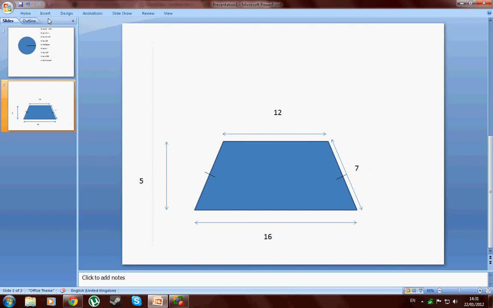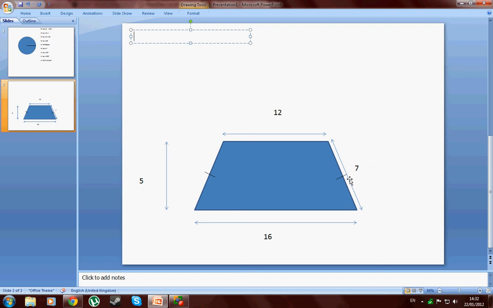Now, 2 things we need to find. We need to find the area and we need to find the perimeter. Let's find the perimeter first, because that's going to be easier. That's just adding that side, that side, that side, and that side together, ignoring the height. That's not a length of a side, that's just the distance from there to there.